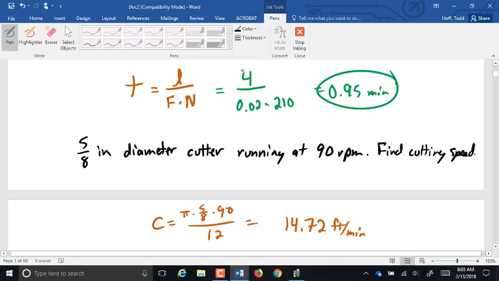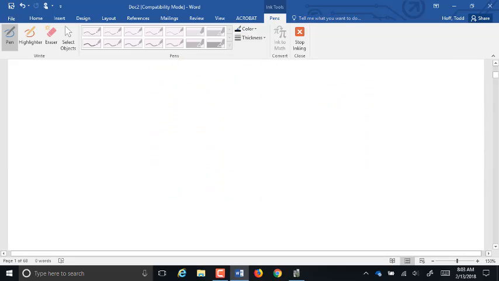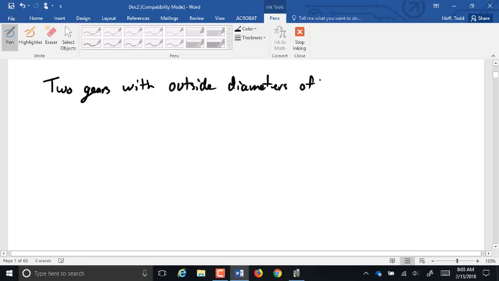Now this next one is going to require not just a formula out of the packet, but a little bit of knowledge about how things fit together. Let's say we have 2 gears with outside diameters of 4 inches and 5.5 inches.